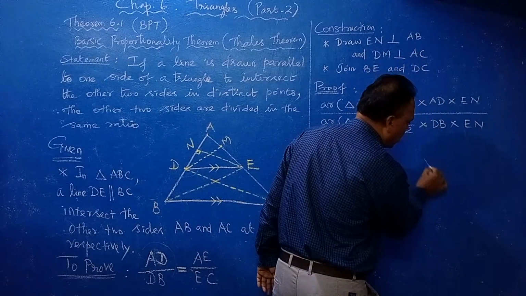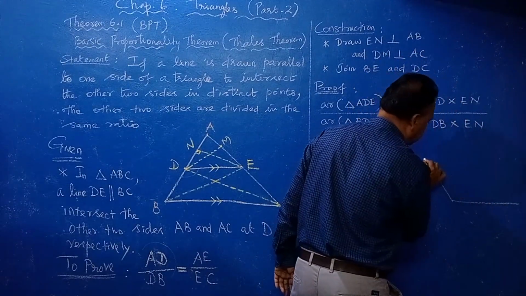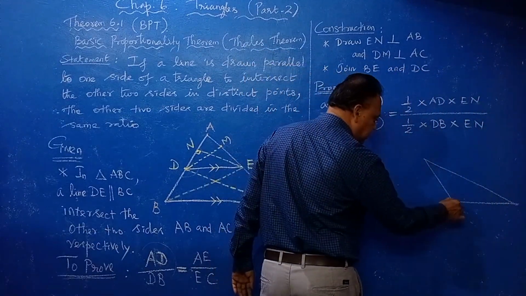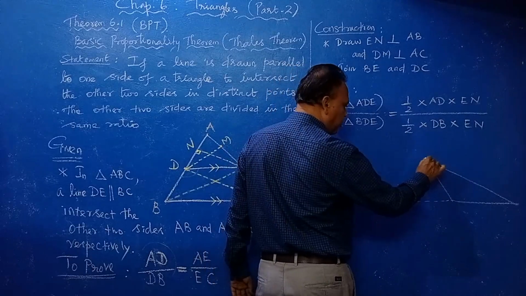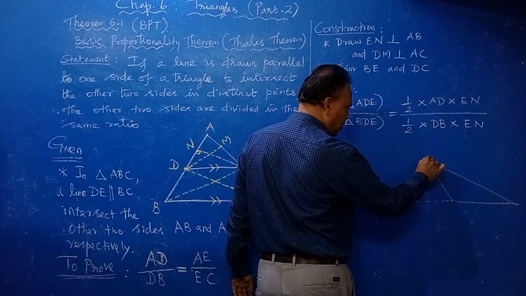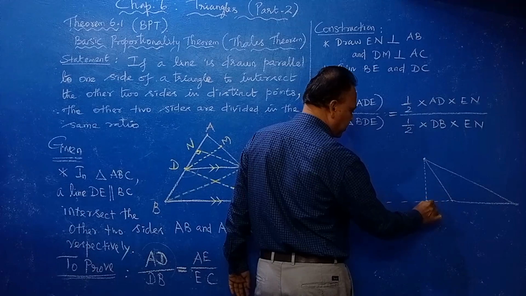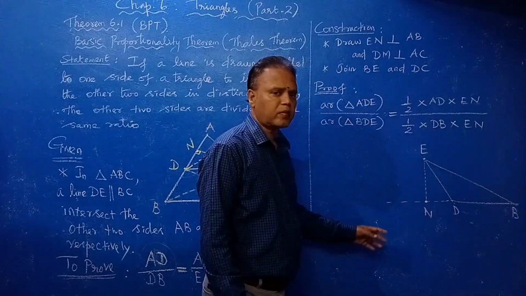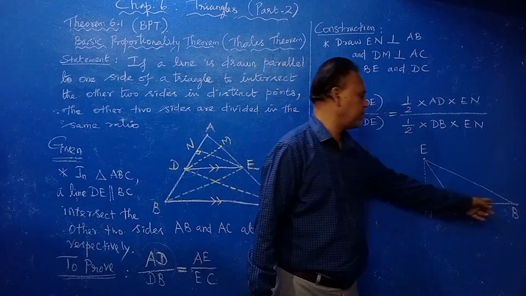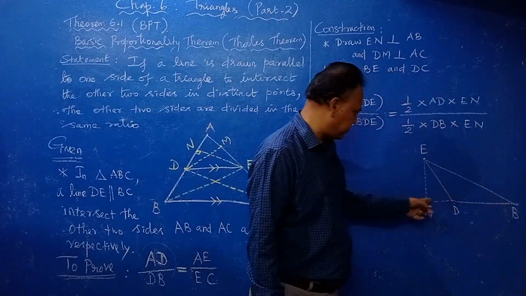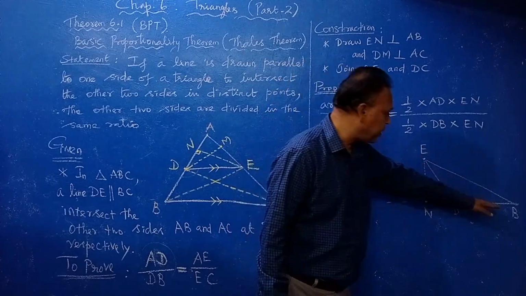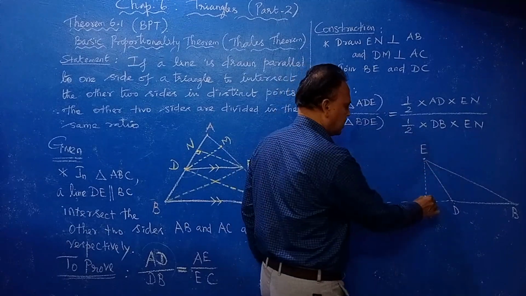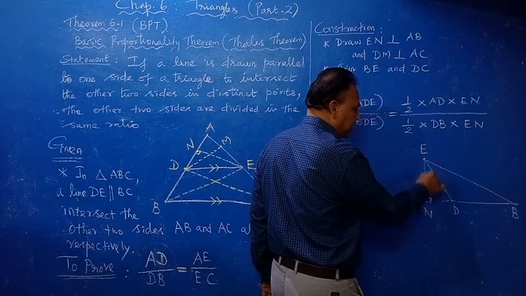Understand? In an obtuse angle triangle, to draw the height you have to extend this side, then from here draw perpendicular. Suppose you take this triangle BDE, BD you extend. The opposite vertex to BD is E. You draw perpendicular and you will get the height of this triangle.